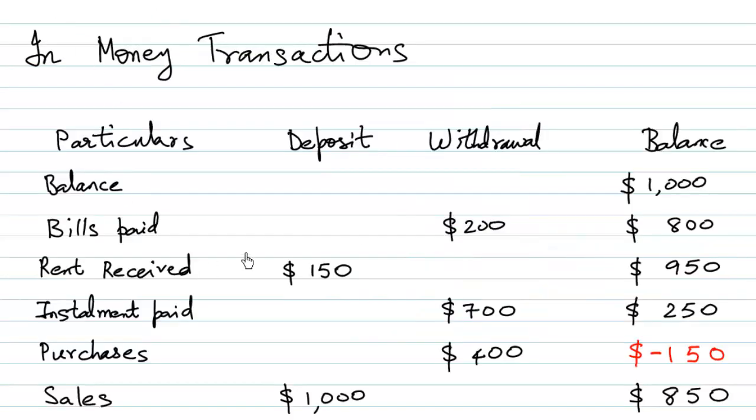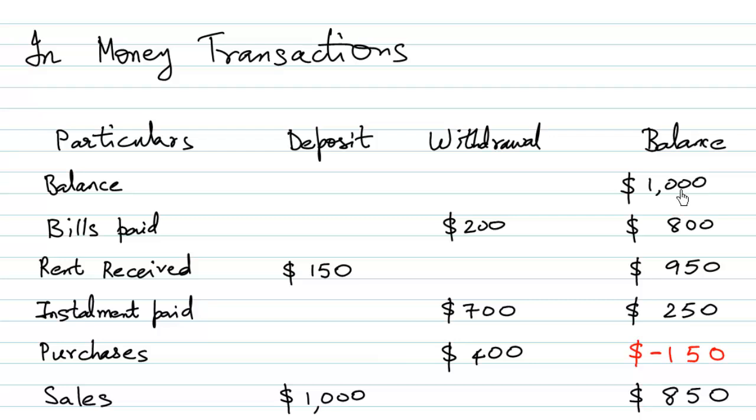In the same way, in money transactions, though we do not have any negative amount of money printed on a currency note, let's take this example. Suppose someone has a balance of $1,000 at the beginning of a month, and then he pays a bill of $200.